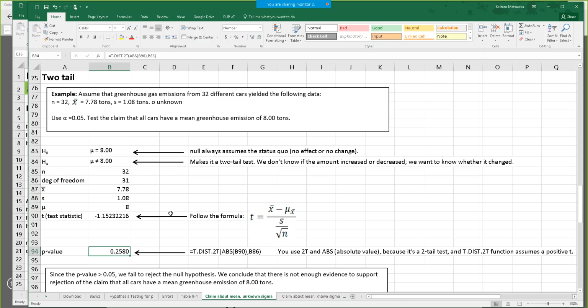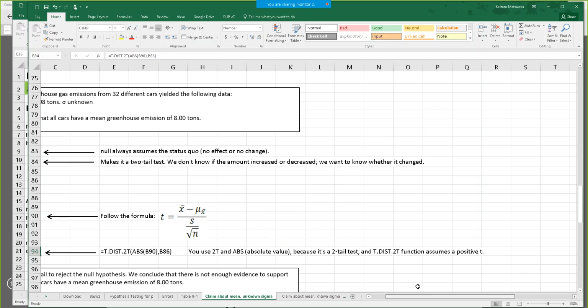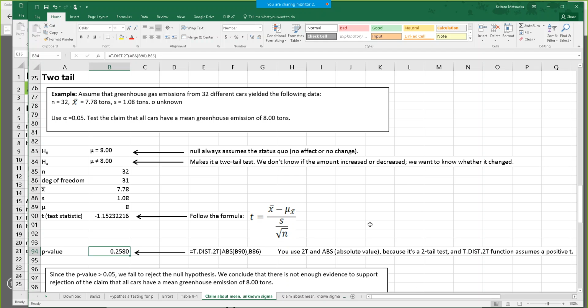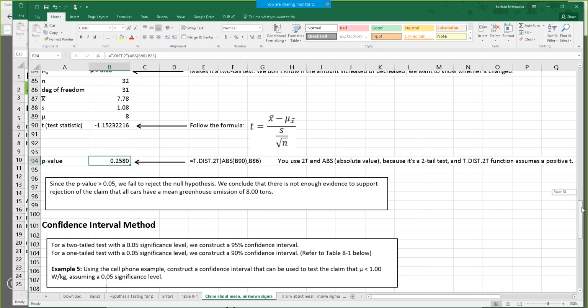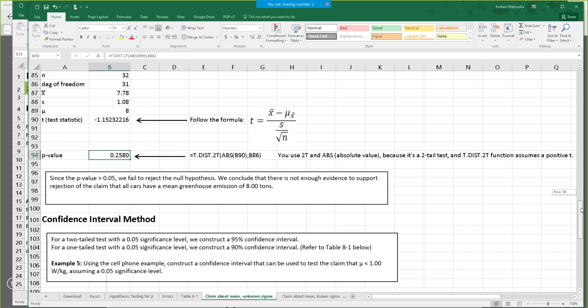This will calculate the p-value. You see ABS, that's the absolute value. I need to include that because the function T.DIST.2T assumes a positive t value. So that's just an FYI. Again, we hope to see a problem where we actually reject something, but again, p-value is greater than alpha, so we failed to reject the null hypothesis.